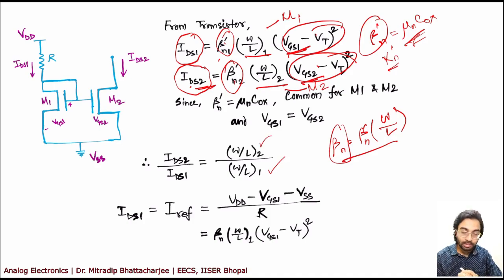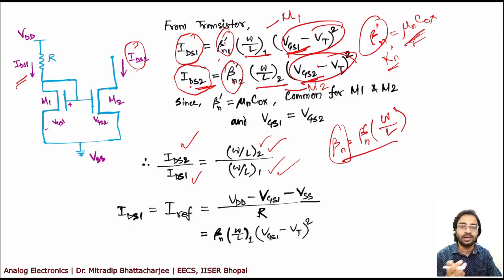If both the W by L are the same, which generally are the same for different transistors in the same technology, then you will get both the currents the same. However, if you want this current to be twice of this current, you can just take a MOSFET which has a W by L value accordingly, a value which is twice the other.